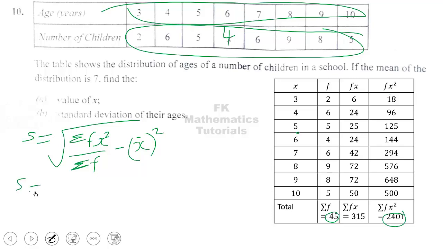So the standard deviation will be equal to the square root of 2401 over 45 minus 7 squared.